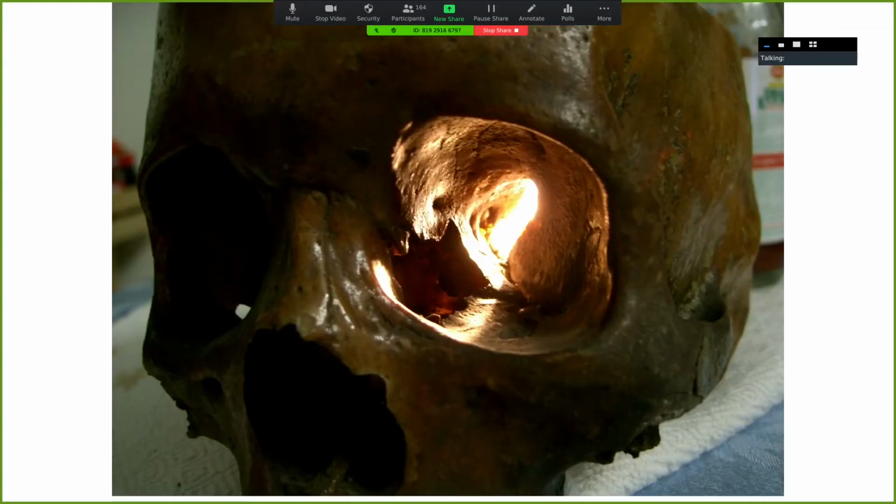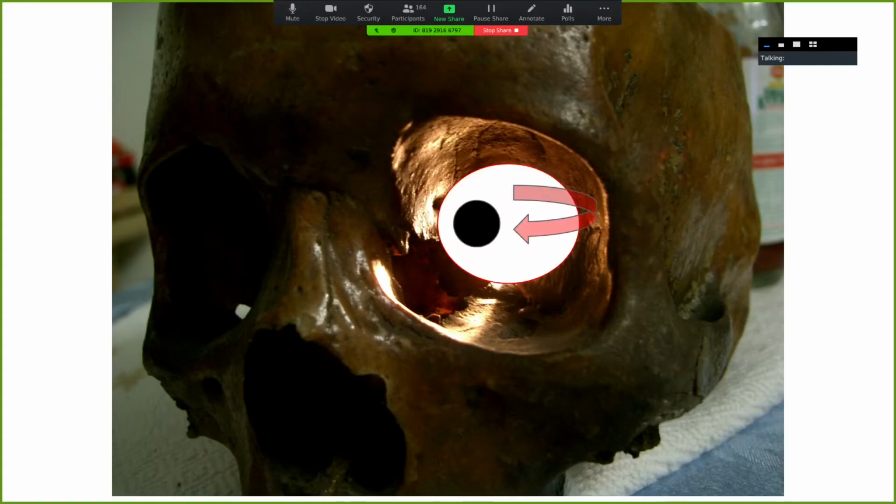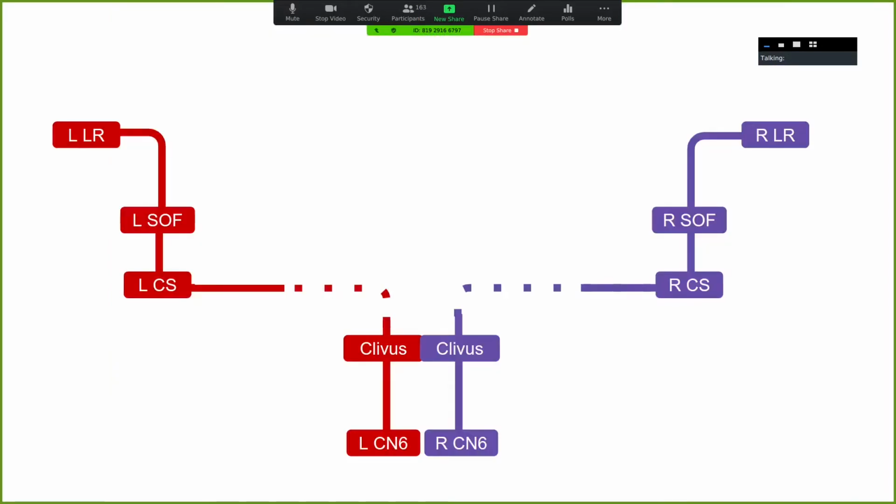So that's the superior orbital fissure illustrated for you using a skull. And that's your lateral rectus, which moves your eyeballs to the lateral aspect. Okay, so these are just the stations where you could compromise the sixth nerve, anywhere from the brainstem, clivus, cavernous sinus, superior orbital fissure, to the eyeball itself.